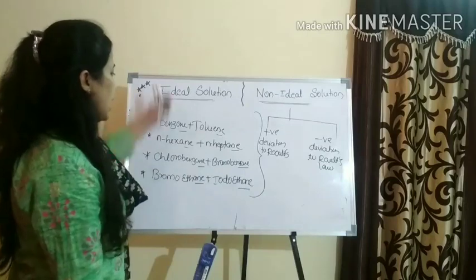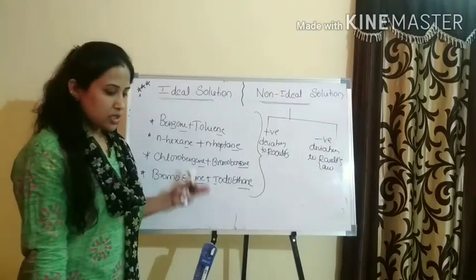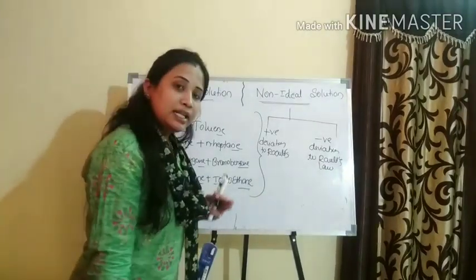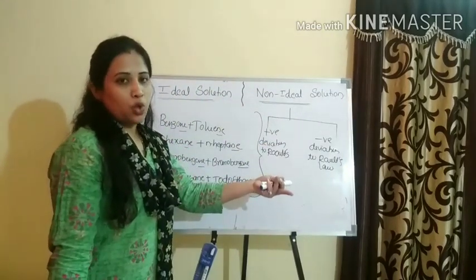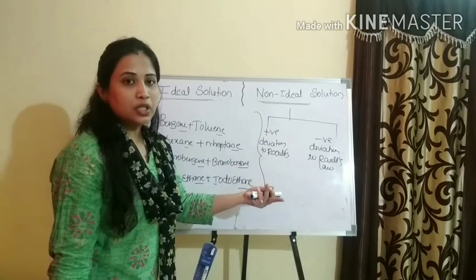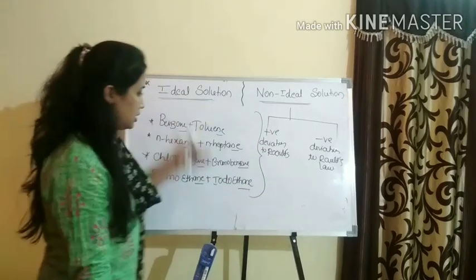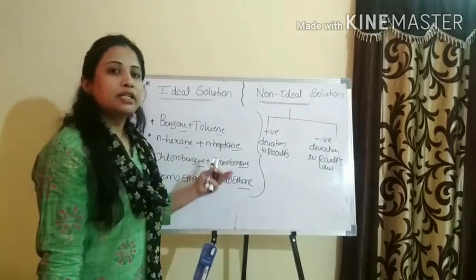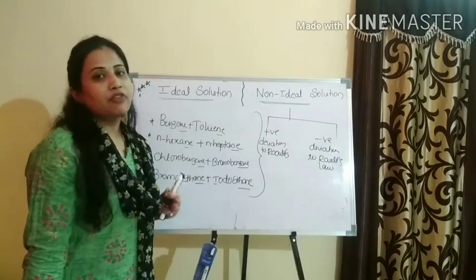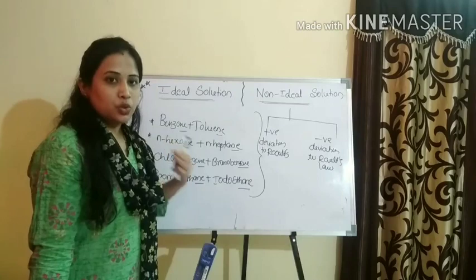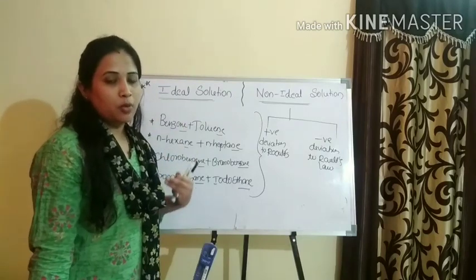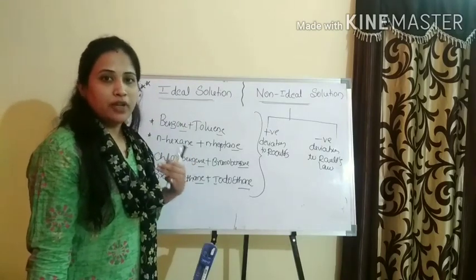So the ideal solution, this is what it covers. The graphical representation for the ideal solution is the same graph we wrote for Raoult's law. So if asked to give an example for the solution which obeys Raoult's law, it means this. Give an example for the ideal solution, it means this. Give the graphical representation, it means the same graph which I wrote previously while discussing the graphical representation of Raoult's law.